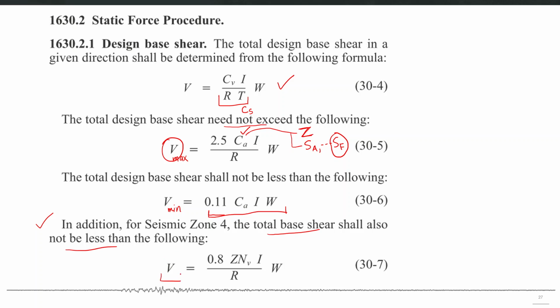So now we have another V minimum, in addition to the previous V minimum, and that is only applicable to seismic zone 4. In this equation you have the Z factor directly, and you also have the NV, which is the near source factor for velocity.